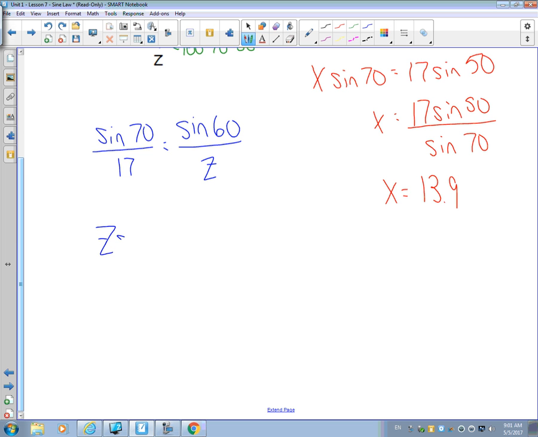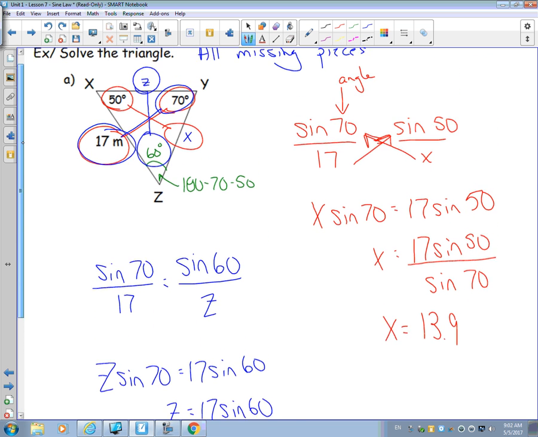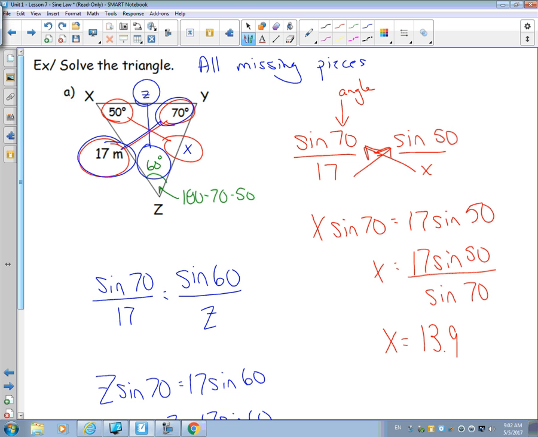So Z sine 70 equals 17 sine 60. We're going to divide it out, same way we did before. Put it all into our calculator, and hopefully for Z you should get 15.7. And that's problem number one, finding missing sides. We did it twice just to get a little bit of practice.